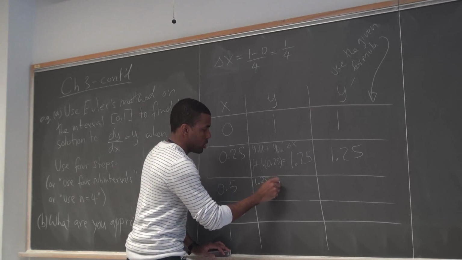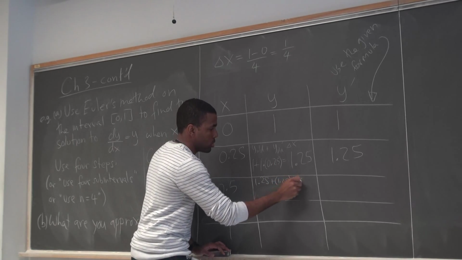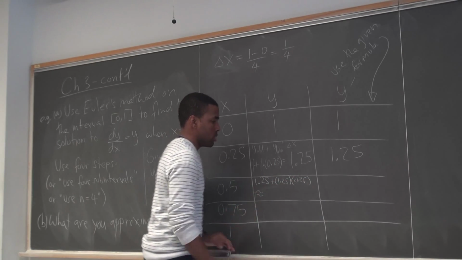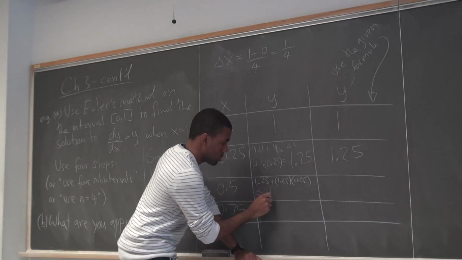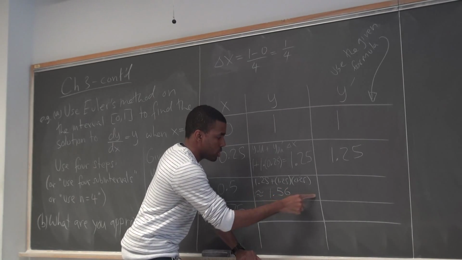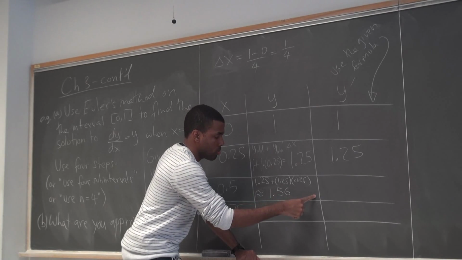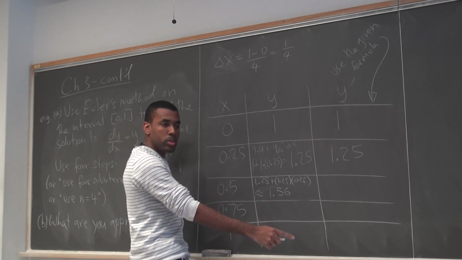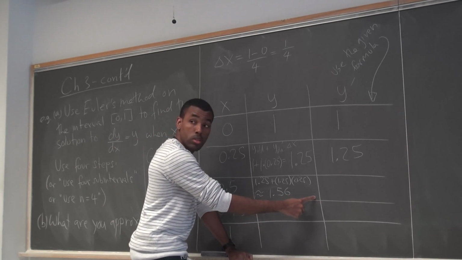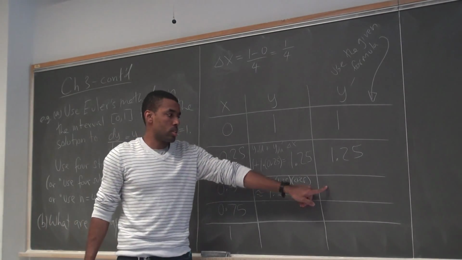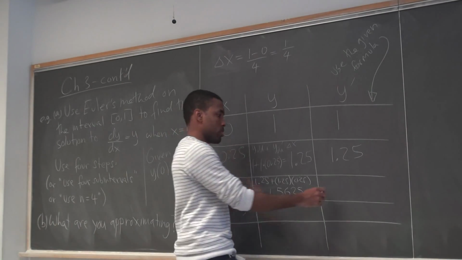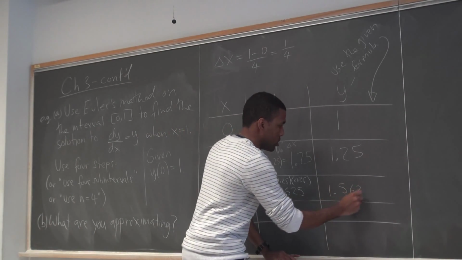That would give us 1.56. Give me 4 decimal places. We'll usually tell you how many decimal places to use, but for now, let's work with 4. 1.5625. What goes here? Same thing, because the formula says it's the y value, 1.5625.